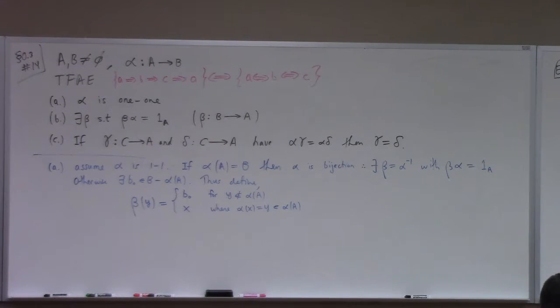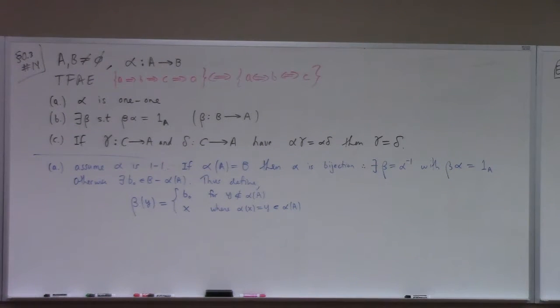That's the output. Now, why is that a function? If y is outside the range of alpha, it's single valued. It takes a single value, b naught. We pick that point.